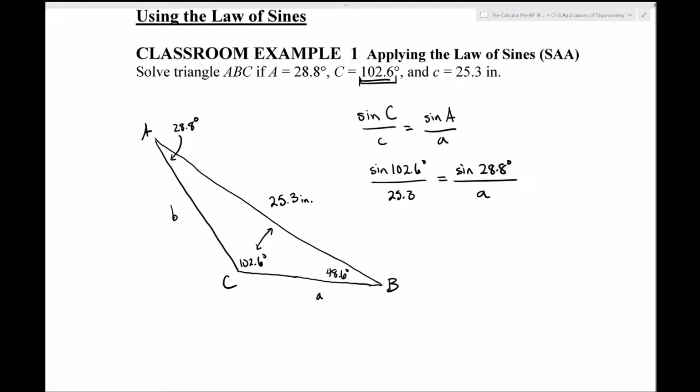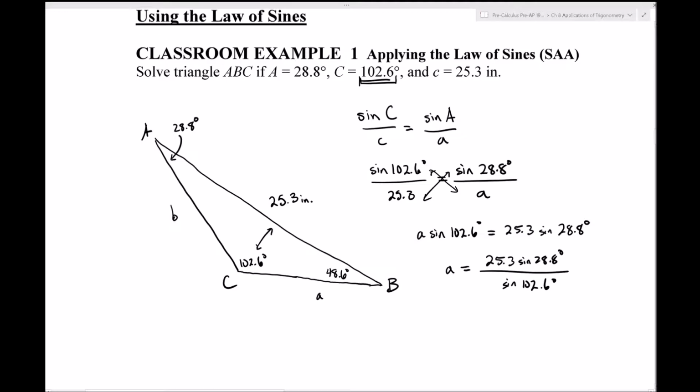If I cross multiply, which I'm not going to show the details of, you get a sine 102.6 degrees equals 25.3 sine of 28.8. In order to solve for a here, you would divide by sine of 102.6. So a is equal to 25.3 sine of 28.8, and this quantity is going to get divided by sine of 102.6 degrees.